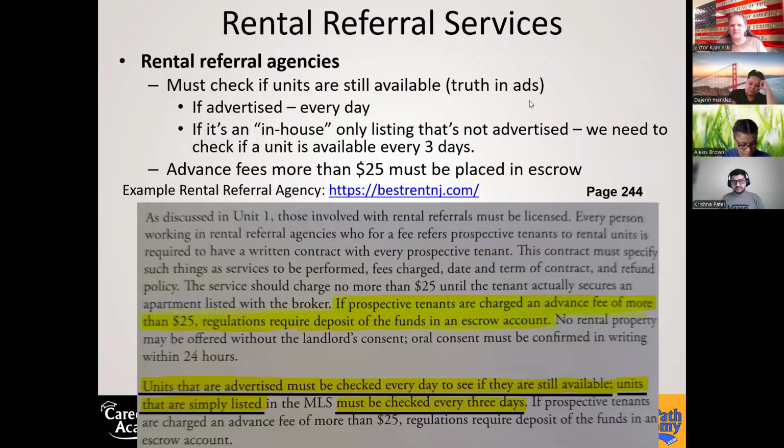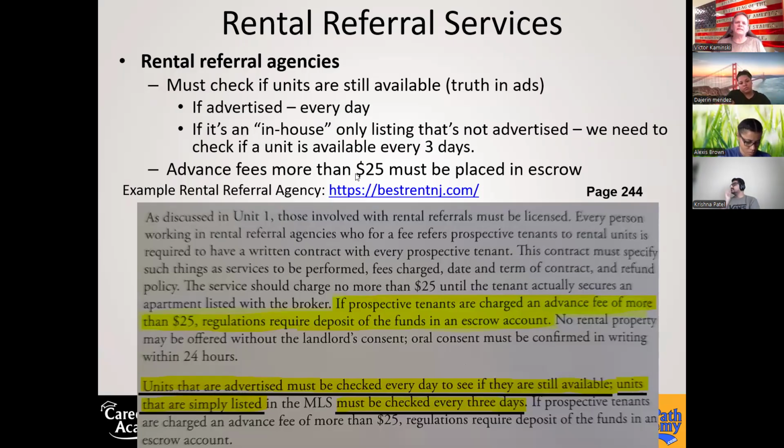Now, if you advertise that property, you need to check every day to see if a unit's still available. So you need to call up the owner of the building because they could have rented it out on their own already. If it's an in-house only listing that's not advertised, we need to check if a unit is available every 3 days.